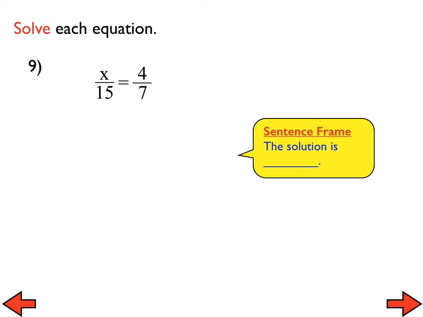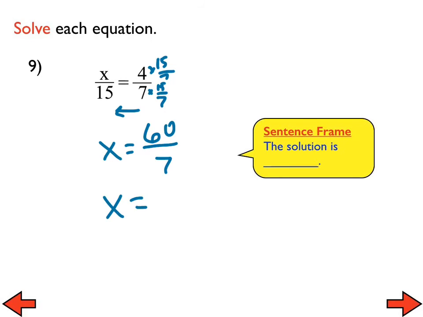Joshua, what was your multiplier? 15/7. We want to go this way. So 7 times what is 15? We want to get the 7 away. So 15/7 times 4. What's 15 times 4? 60/7, which reduces to 8 4/7.